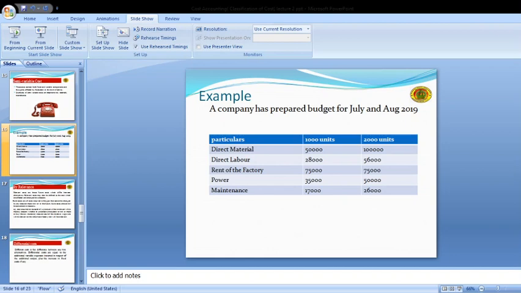Direct labor again, the same, it has doubled. It is a variable cost. Rent of the factory is unchanged. So, it is a fixed cost. Power is 35,000 to 50,000. It was charged but not in direct proportion. It has not become 35 and 70. So, it is not variable, neither is it fixed.